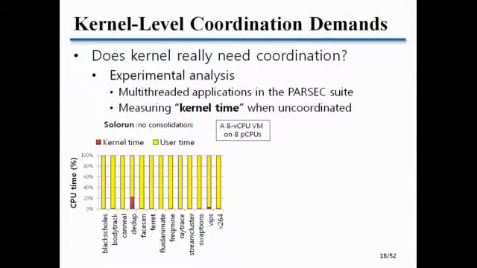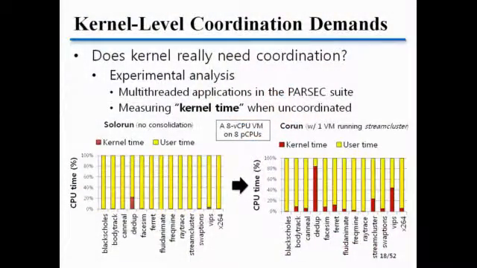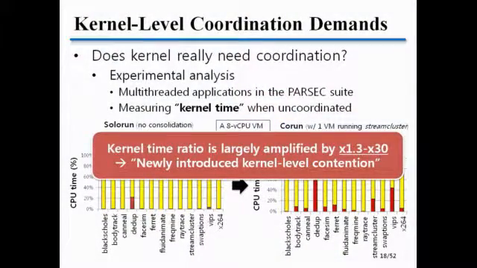As you can see here, in the case of a solo run without any consolidation or contention, there is almost no kernel time spent in every workload except one case, dedupe. However, in the case of co-running with another CPU-intensive VM, the kernel time ratio becomes largely amplified by uncoordinated scheduling. That means newly introduced kernel level contention.